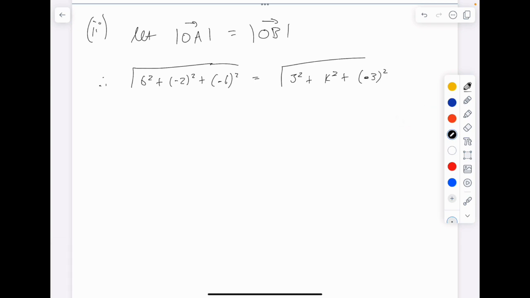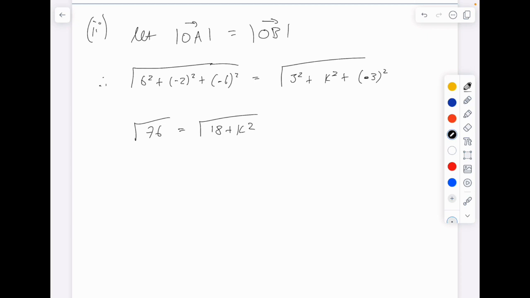So effectively, it means we're going to get root 76 is going to equal, if we add these up, 9 plus 9, so 18, plus k squared.